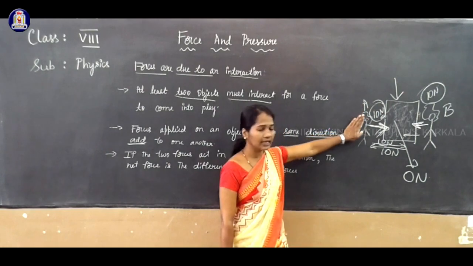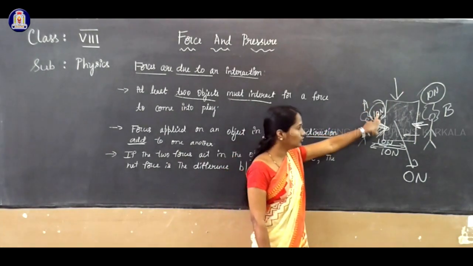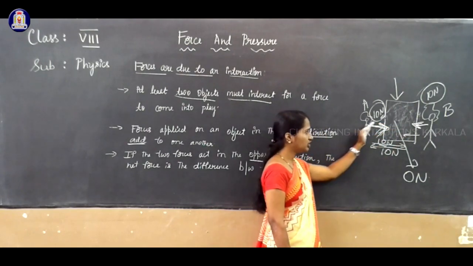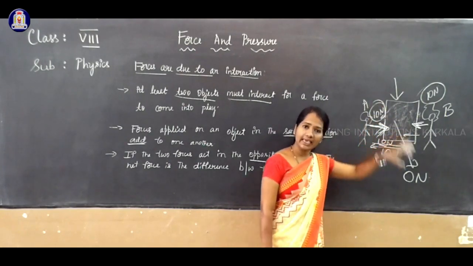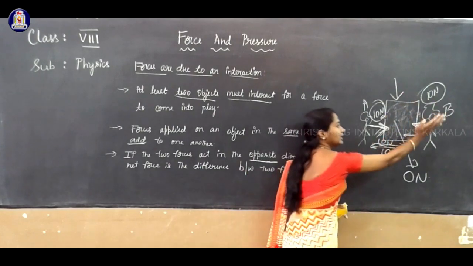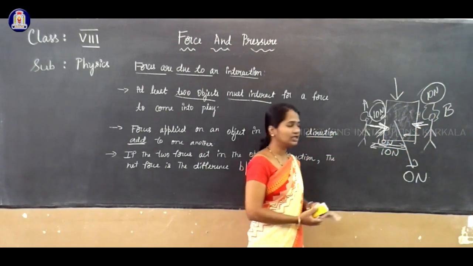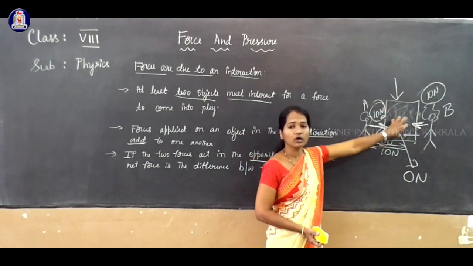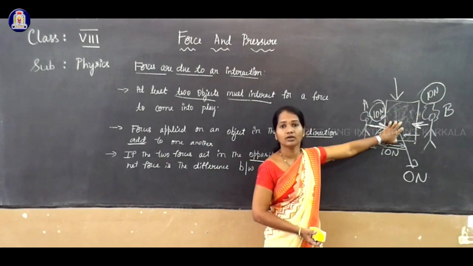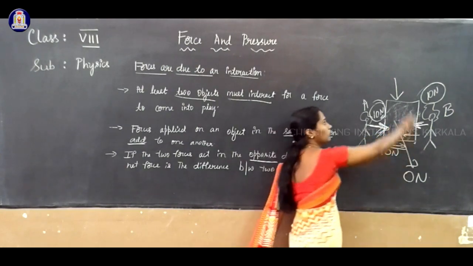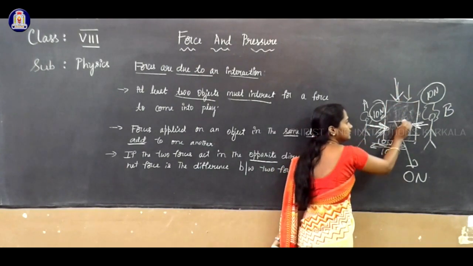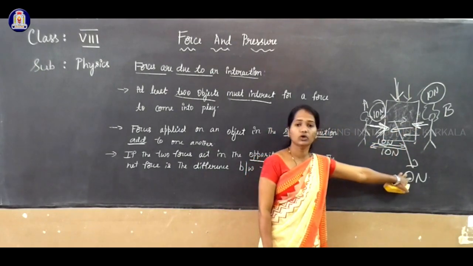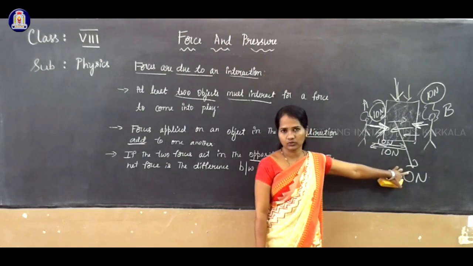If person A applies 10 Newton of force in one direction, and with the same amount of force, person B starts pushing the box in the opposite direction, then this box is not moving at all, because the total force acting on the box will be 0. Resultant force is 0.